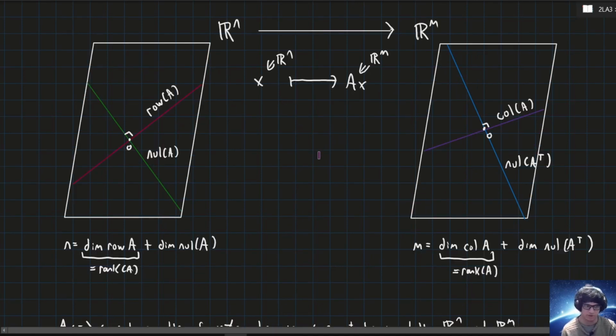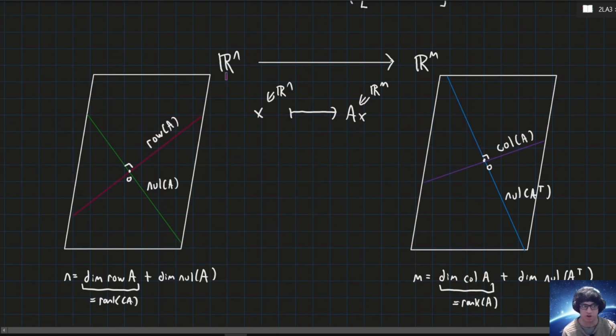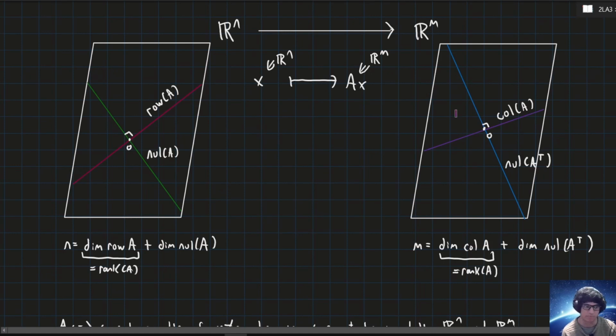So the reason why we've returned to this picture is because if we're going to have something that's going to replace eigenvectors and eigenvalues, we're going to have to think about both of these spaces instead of just Rn. To think about both of them.